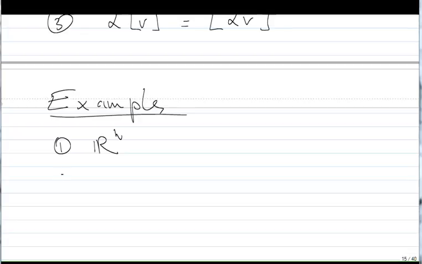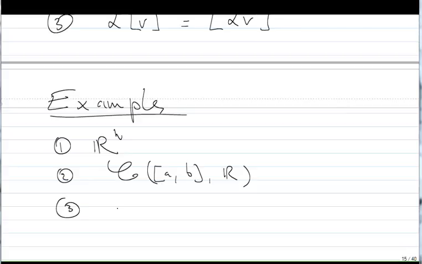Another example: continuous functions defined on an interval [a, b] into R have the structure of a vector space, and it's amazing because then functions are seen as vectors.